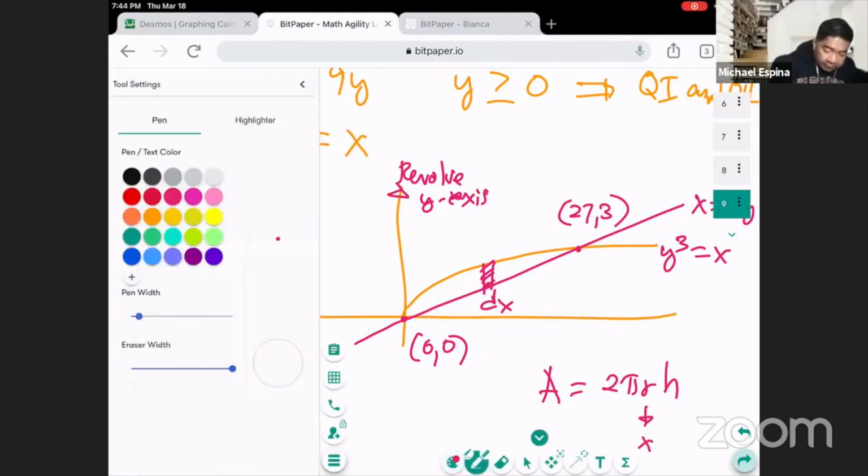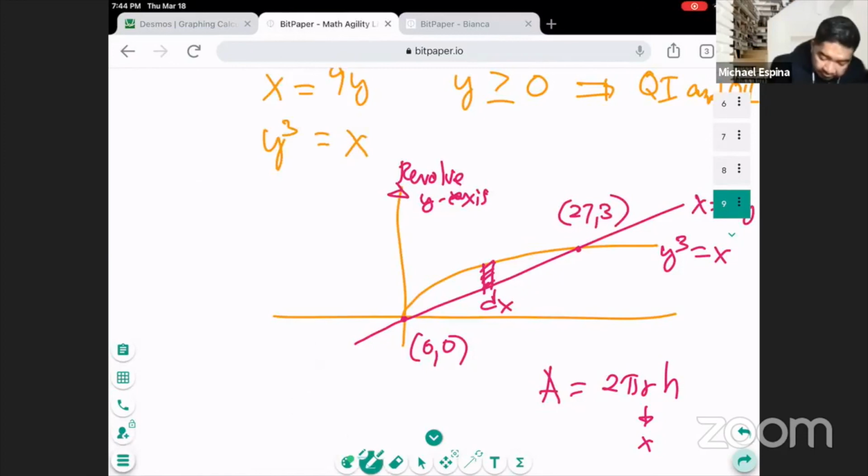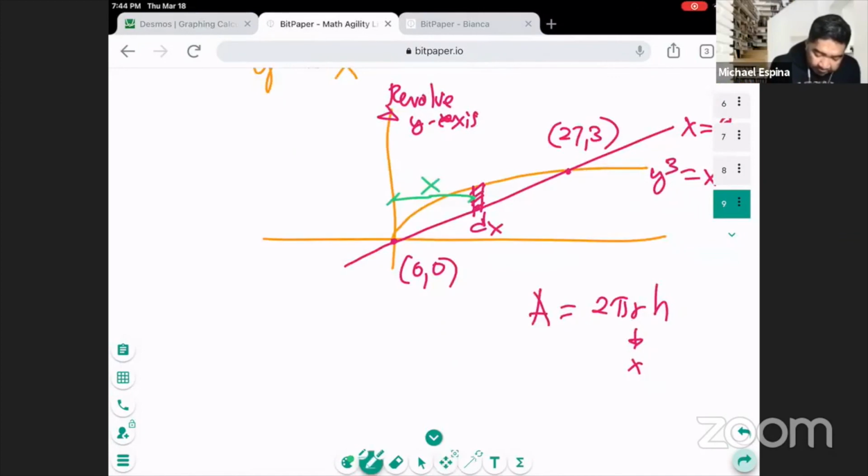So let's change this to green. This is your x distance from the axis of revolution. And then your h would be the height of this slice. Actually, h would be y on top, which is the cubic, minus y at the bottom, which is the line.